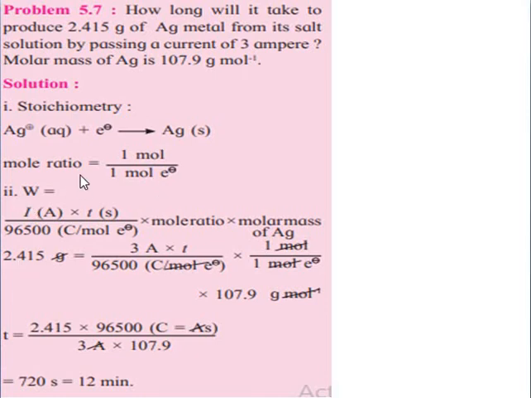Second, the weight of the substance equals I into T, the current actually passed, divided by the Faraday constant, into the mole ratio, into the molar mass of silver. The weight W is given as 2.415 grams of silver metal, the current is 3 ampere, 96,500 is the Faraday constant, into 1 mole upon 1 mole of electrons, multiplied by the molar mass.